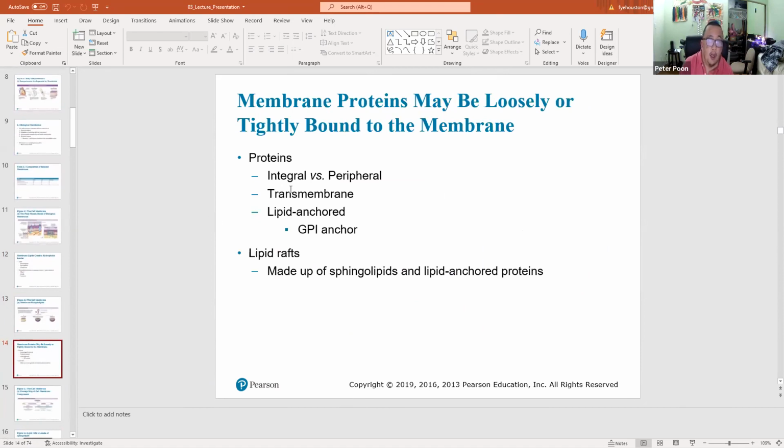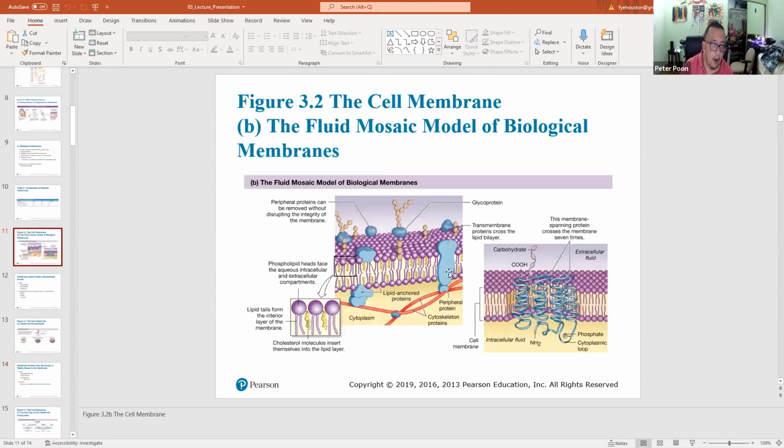So integral versus peripheral. Integral means through the membrane, and they're always transmembrane proteins. So they cross the membrane. So this is an integral protein. This is a transmembrane protein.